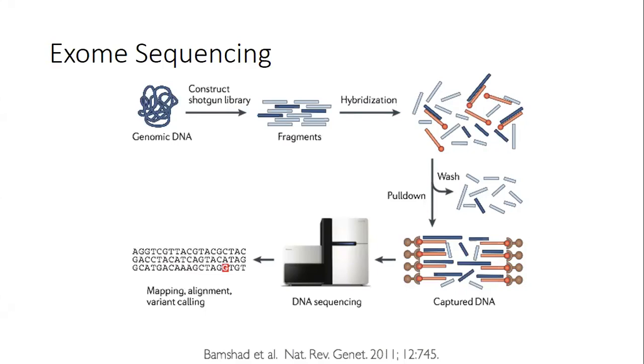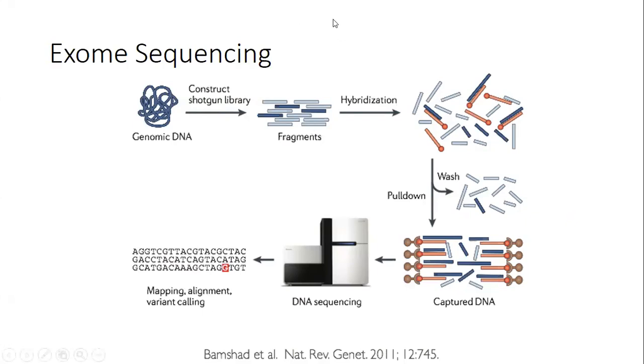So you'll hear about the distinction between exome and genome sequencing. Let me just quickly give you a window on what we mean by that. One way or another, you start with genomic DNA. To do exome sequencing, you essentially create a library of fragments of the entire genome.